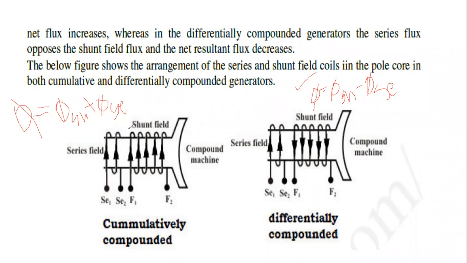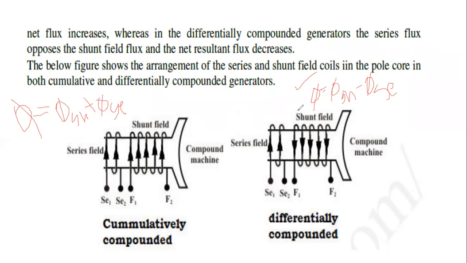According to the flux directions, the compound generator is again classified into two types: the cumulatively compound generator and the differentially compound generator.